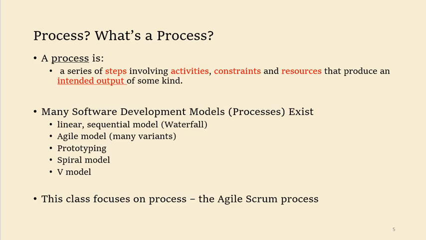Whether you know it or not, you have a process. It's a good idea to know what your process is. So when you have a process for how you're doing your schoolwork, be aware of it. That way, if there are parts of it that are weak, you can work to fix those.